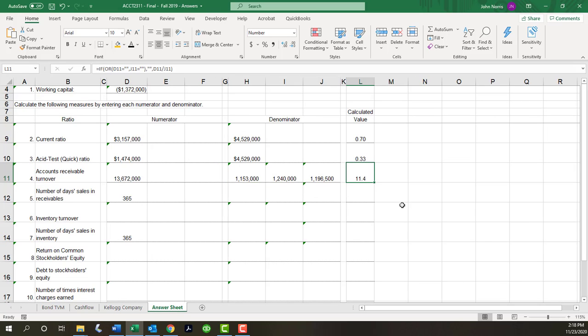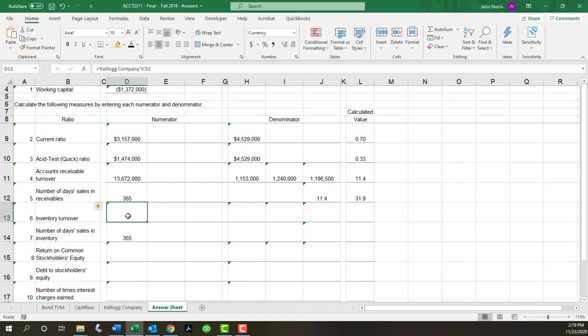And that gives us 11.4 as our calculated value. That then becomes the denominator for number 5. Divide that ratio into the number of days in the year, 365, and you get an average number of days sales in receivables of 31.9.